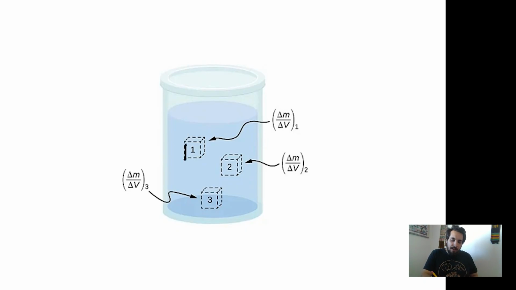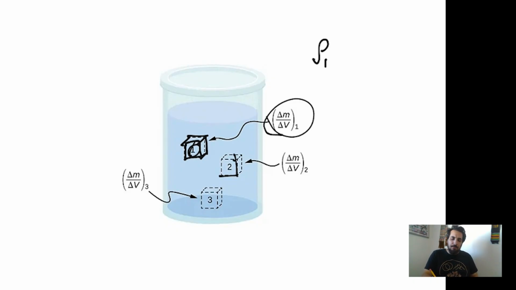Well, for fluids, what we can look at is any region of fluid, right? We take a container of liquid here and we outline this region 1, right? And we can figure out the volume of this region 1. We can imagine taking this little cube of water out and putting it on a scale. We can figure out its mass over volume. We can figure out the density of region 1.